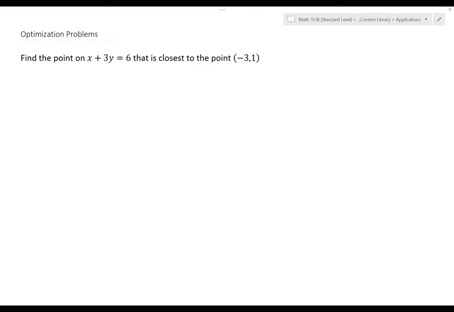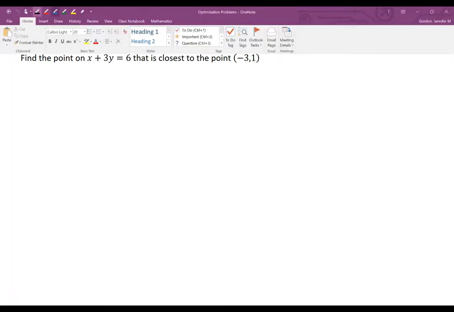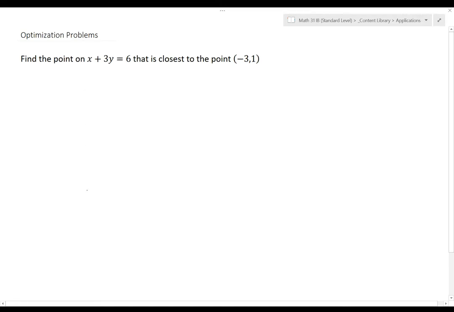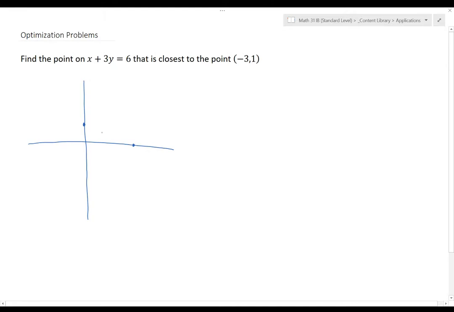So with that information, we can now find maximum or minimum points on functions that are more complex than just simple quadratics. So let's look at an example where we're looking for a point on a particular line that is closest to a given point that is not on that line. To help out here, I'm going to make a little sketch of what this looks like. That line crosses the x-axis at 6, it crosses the y-axis at 2, so it looks something like this.